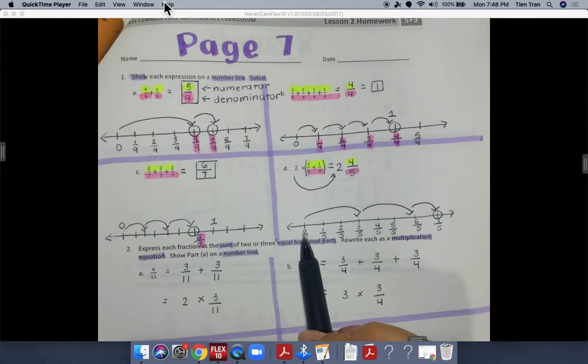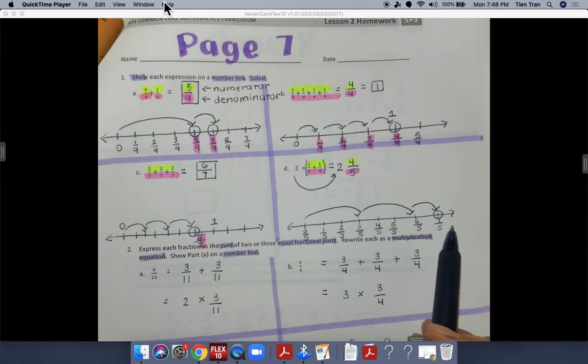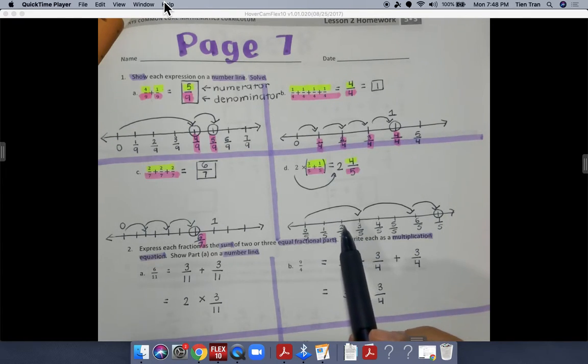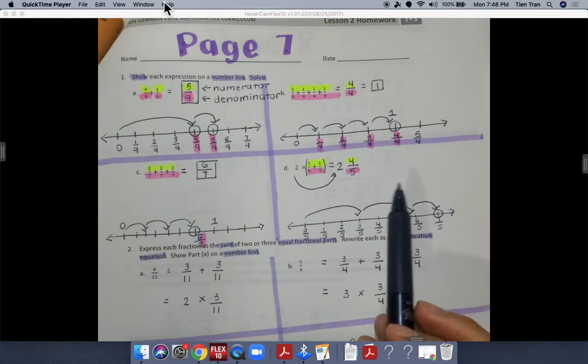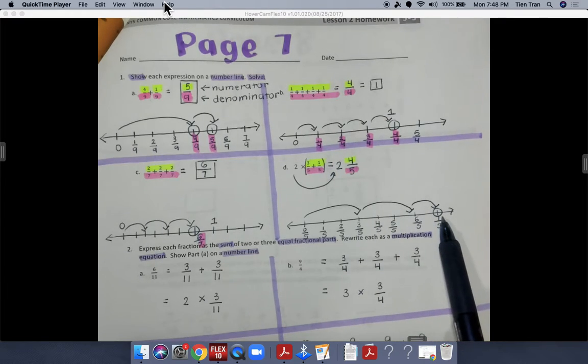So I have 0 fifths, 1 fifth, 2 fifths, 3 fifths, 4 fifths, 5 fifths, 6 fifths, and 5. So I'm moving over to, first I'm going to move 3 fifths, and then I'm going to move 6 fifths. So I have 3 fifths, and then I'm moving over 6 fifths, and then I have 1 fifth.